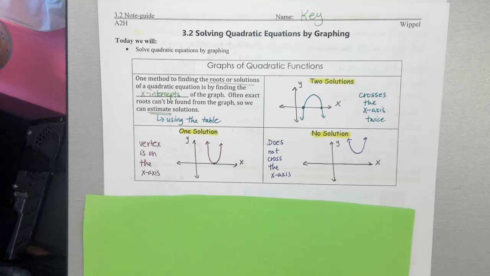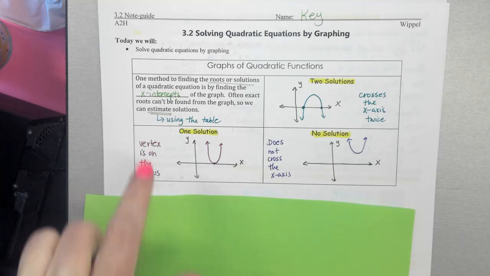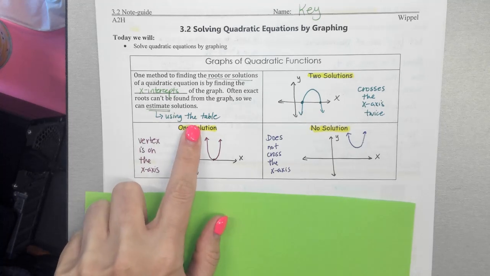Wherever it crosses the x-axis, that is your solution. Sometimes we can't find exact roots. They might be irrational numbers, so decimals. When we do that, we can estimate solutions, and we're going to do that today by using a table.